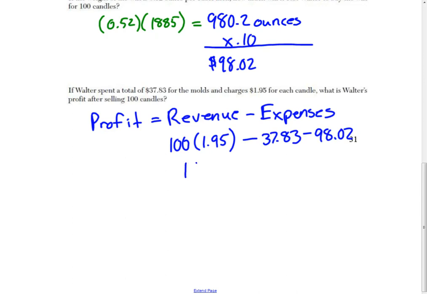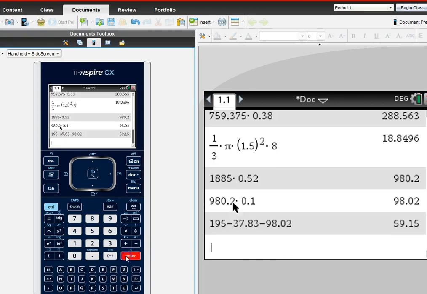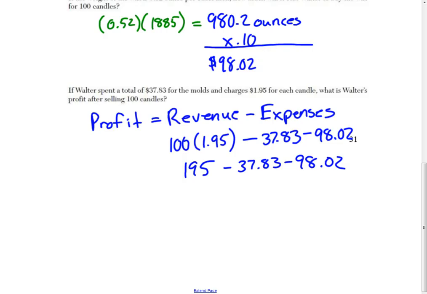So this would be 195 minus 37.83 minus 98.02, which would be $59.15.